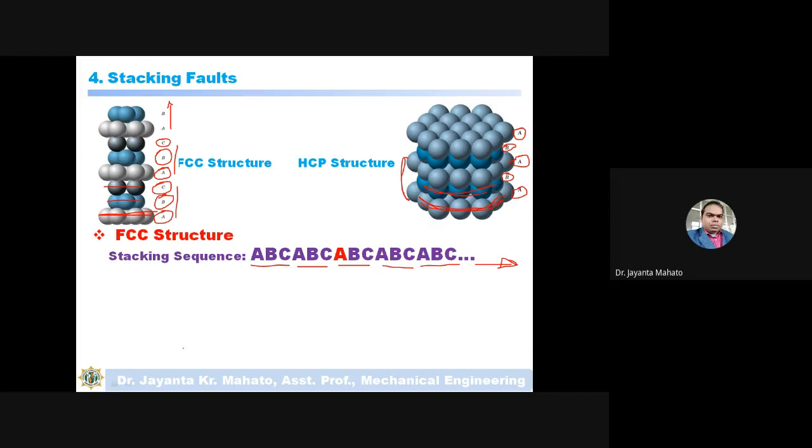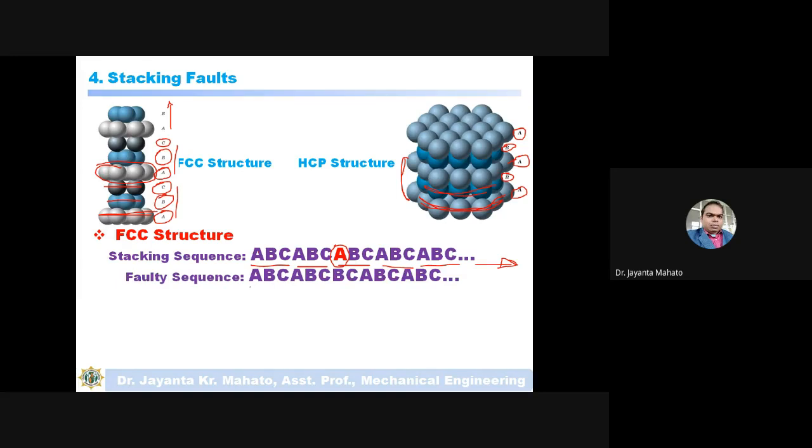But if any plane of atoms, like a plane containing A type of atoms, just consider this plane, is missing from its regular sequence, then what happens?